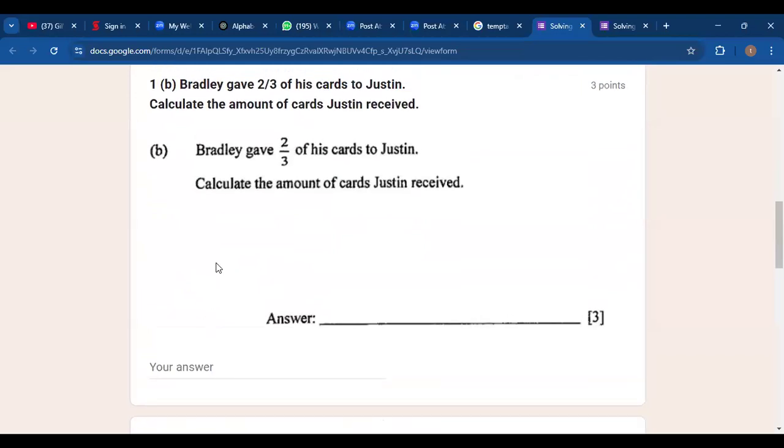And then 2/3 of what? 140 minus 80 is 60. What is 2/3 of 60? 40. Yeah, so it's 40.